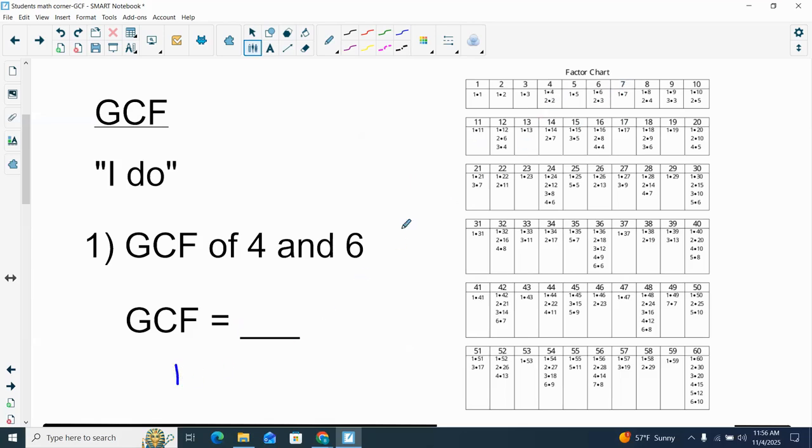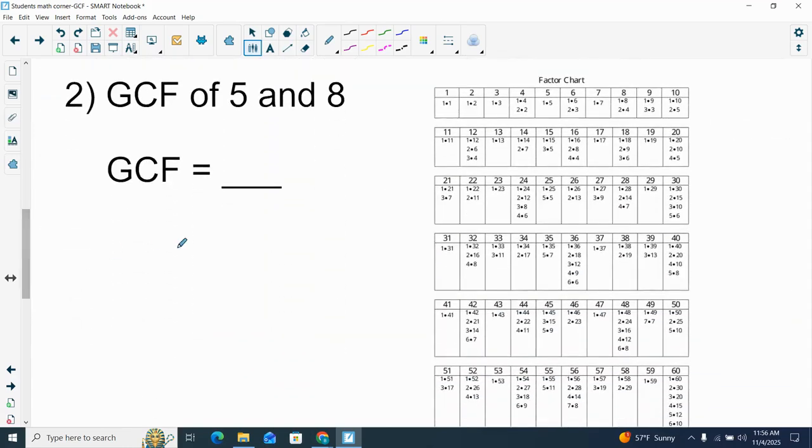They both have a 2. This one has a 3, but this one doesn't. This one has a 6, but this one doesn't. This has a 4, but this one doesn't. So it looks like the only numbers that they share are 1 and 2. So between these two, which is the biggest? 2. So the greatest common factor of 4 and 6 is 2.